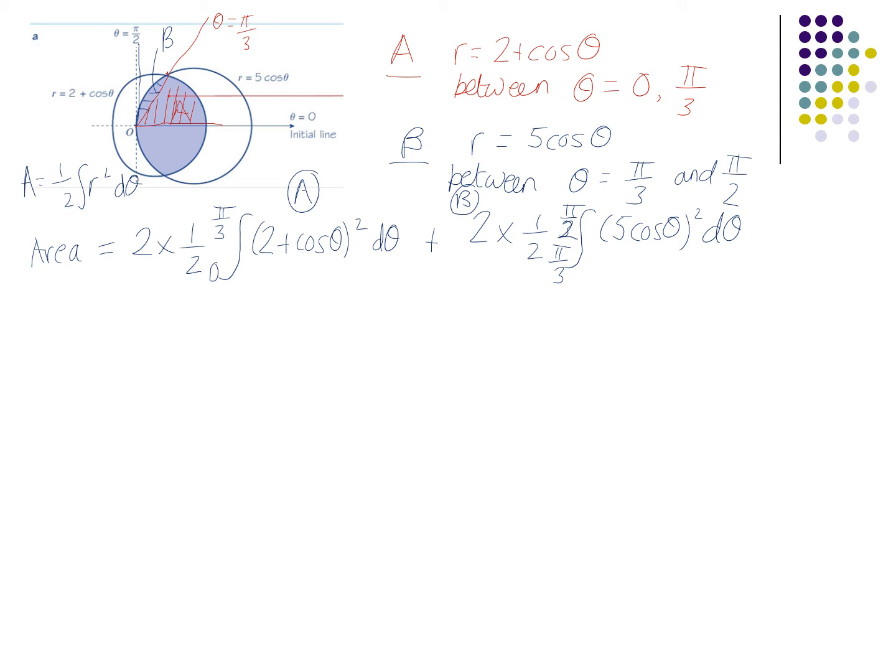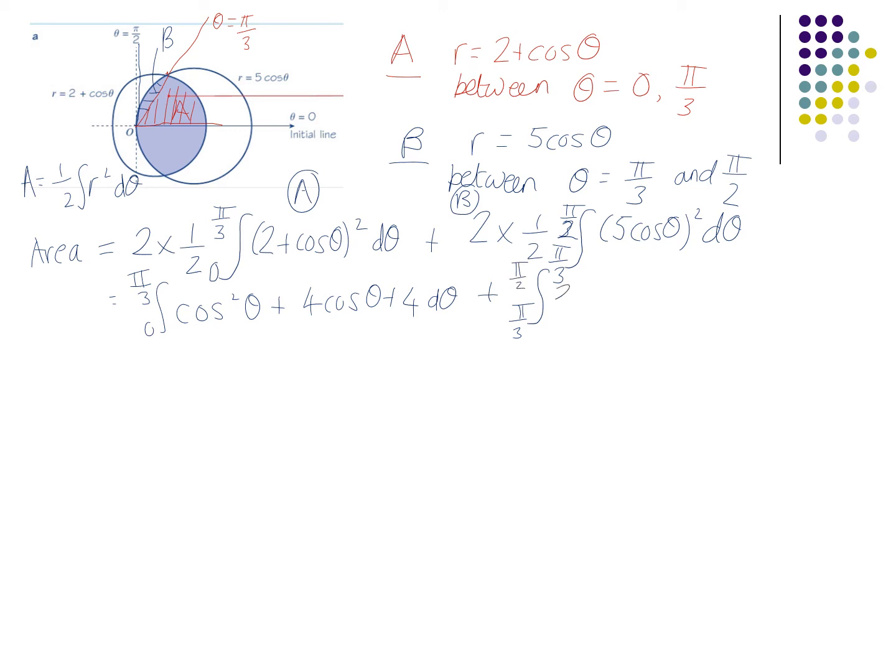Now really it is just plugging through with working these out. So I'm going to double bracket out this, so I get cos squared theta plus, careful, 4 cos theta, and then plus 4. I can't combine these, remember, because they have got a different limit. So that's pi by 3 and pi by 2.